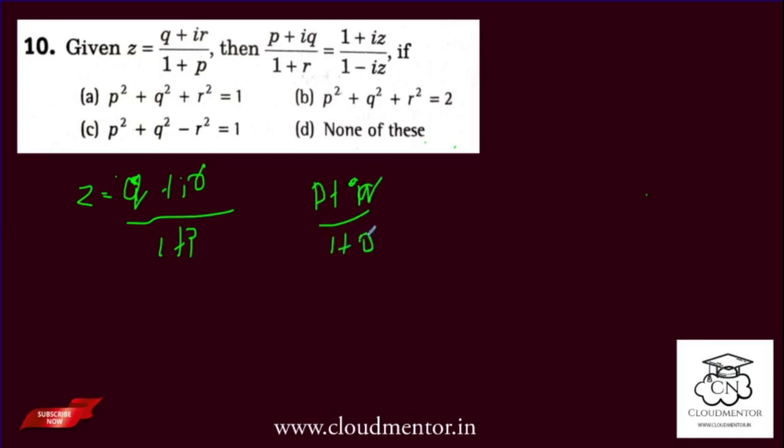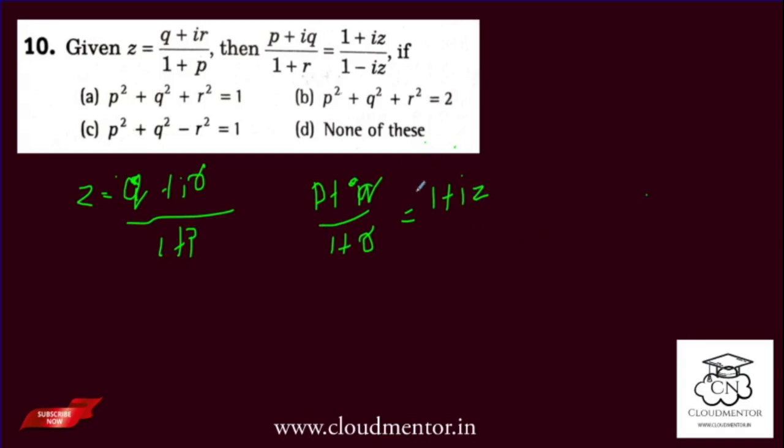Is equal to, I don't know, this is more difficult to write with the mouse. Okay, sorry. So 1 plus iz by 1 minus iz. Wait a second, I am changing my mouse.